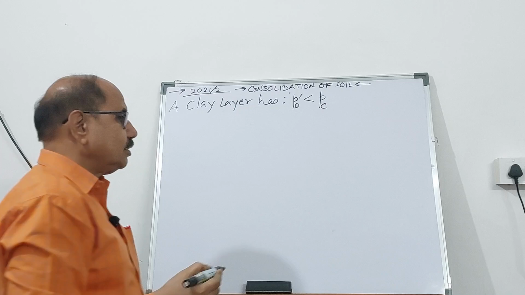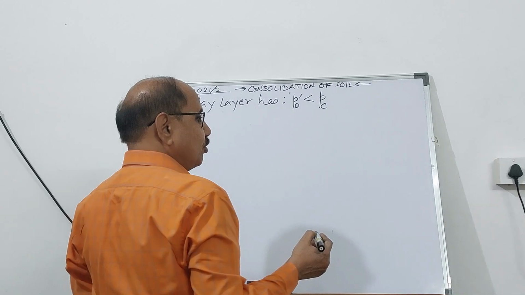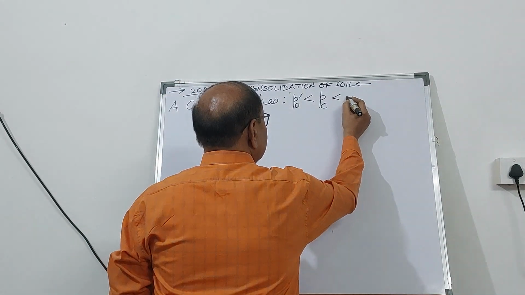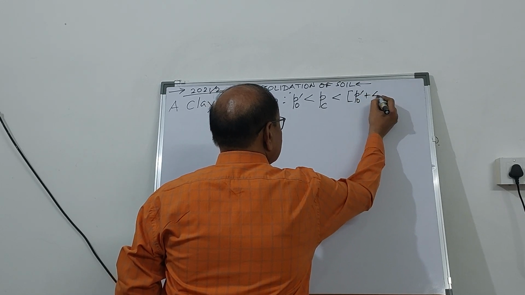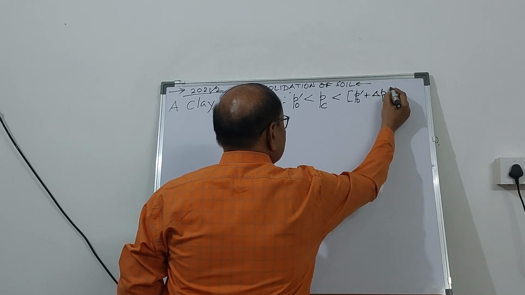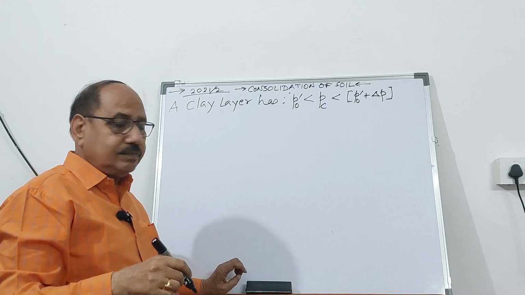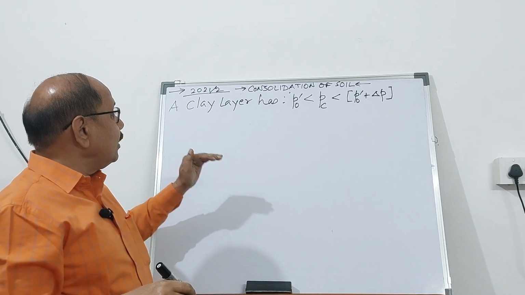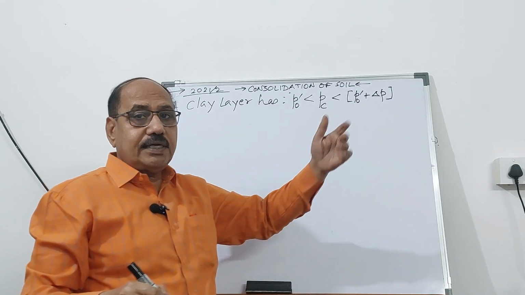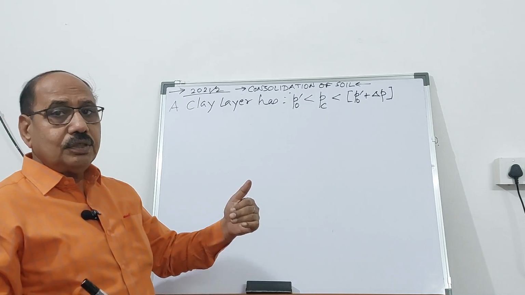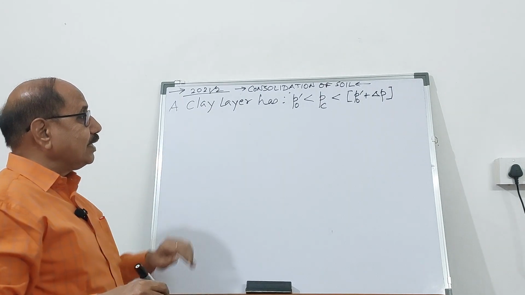So pre-consolidation pressure is more compared to the present effective overburden pressure, and is less than P naught prime plus delta P. That is, after application of the loading, at the middle point of the clay layer, the pressure that gets developed is delta P, additional pressure that comes due to additional loading, the loading which you apply over the clay layer.